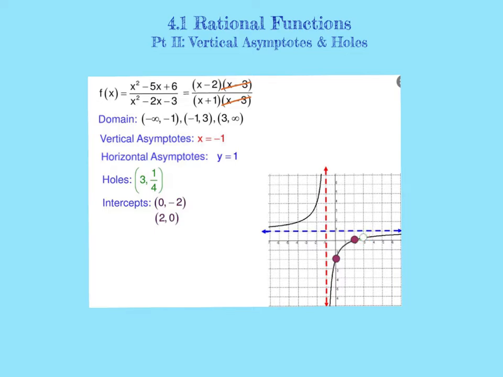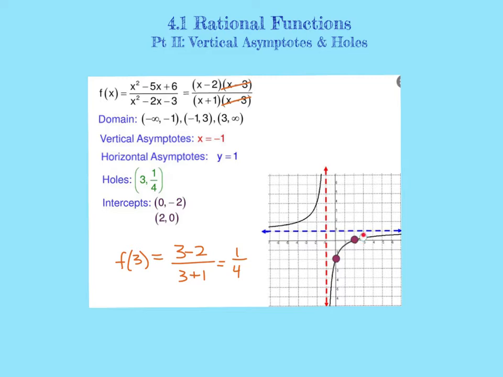So that's the difference. Now, how did they find this value of 1/4? Well, after they canceled the x minus 3's, they were left with x minus 2 and x plus 1. And what we can do is we can then plug in that value of 3 into our new function that's been canceled, and we do 3 minus 2 over 3 plus 1, which will end up giving us 1/4.